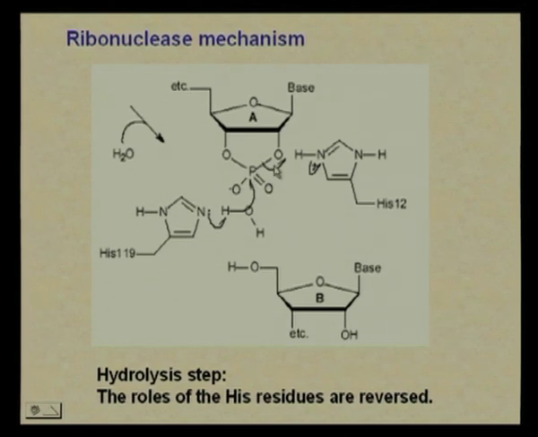This phosphate then opens up here and picks up the hydrogen that was attached to histidine 12. In an event, what happens? Histidine 12 now has provided the hydrogen, so it is an acid. So, the roles of the histidine residues are reversed. In the previous step, let us go back one slide.